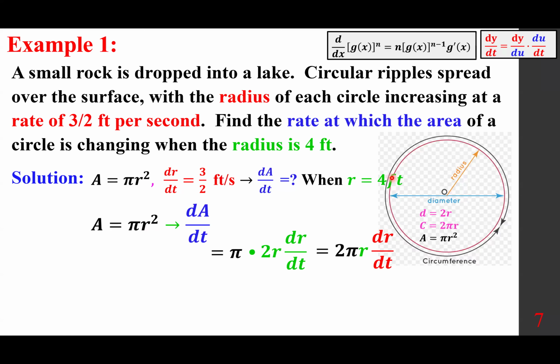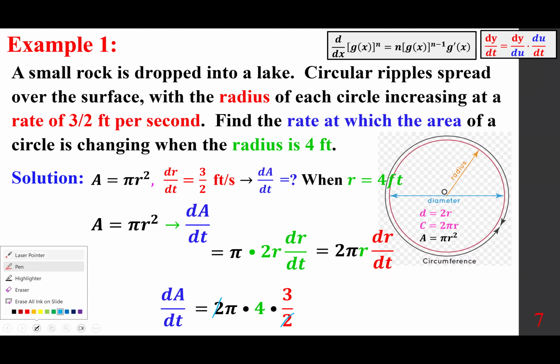So we replace the r with 4, dr/dt with 3/2. We get 12 pi units of the area over the units of time, 12 pi square feet per second precisely.